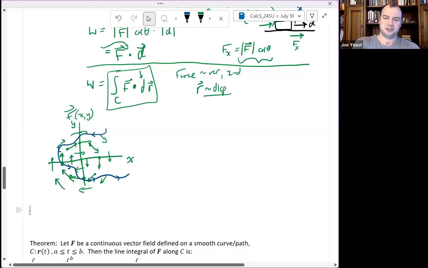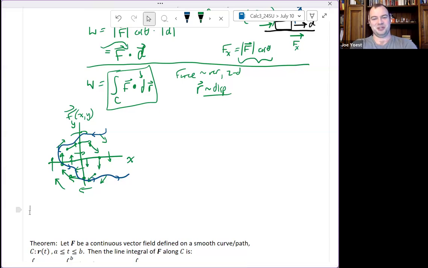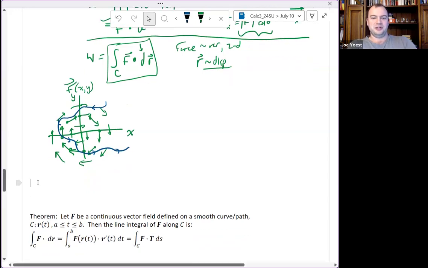I'll leave it to the physicists to explain this, but there's the work done by the field on the box and the work that you're doing in pushing the box through the field. So there might be a non-intuitive sign popping out or something, but I think this is as far as we'll take this analogy at this point anyway.